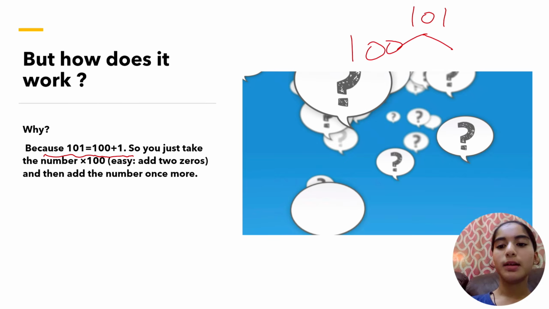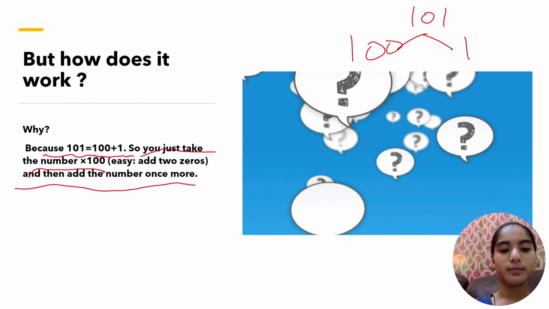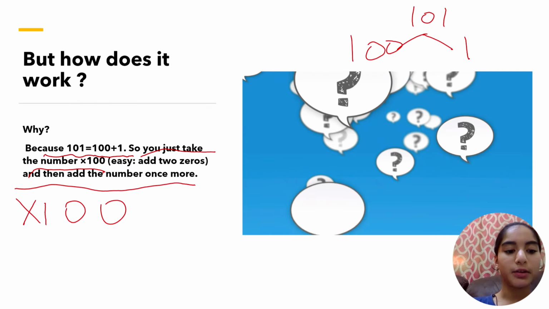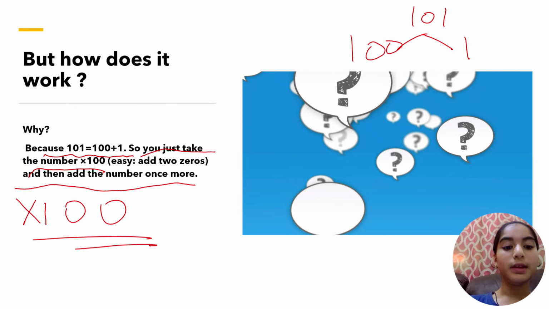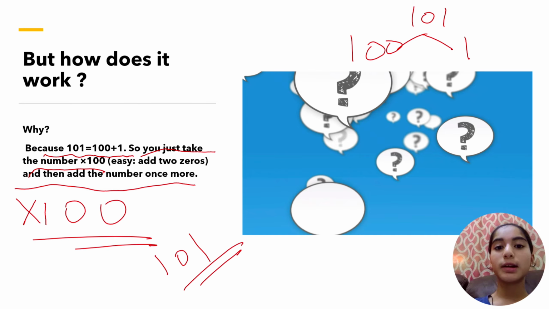So you just take the number, multiply by 100, and then add the number once more. We just saw that when we multiply by 100, we then have to do the addition one more time because then it is equal to 101. This is really simple. You know how easy shortcuts are?